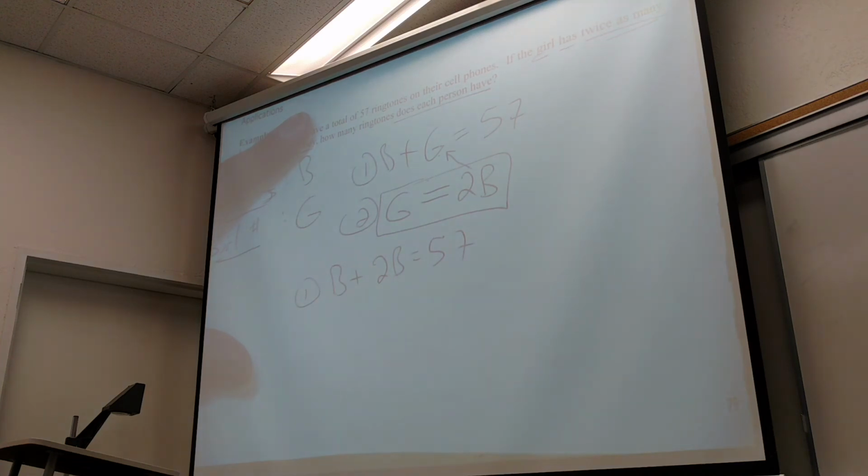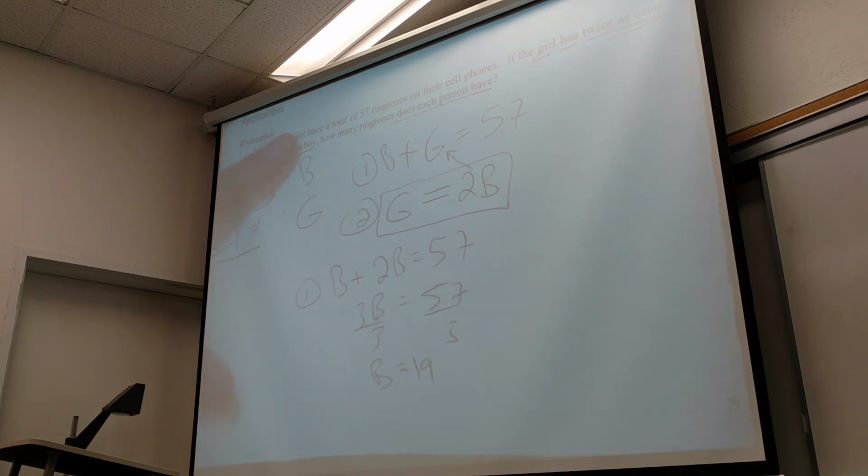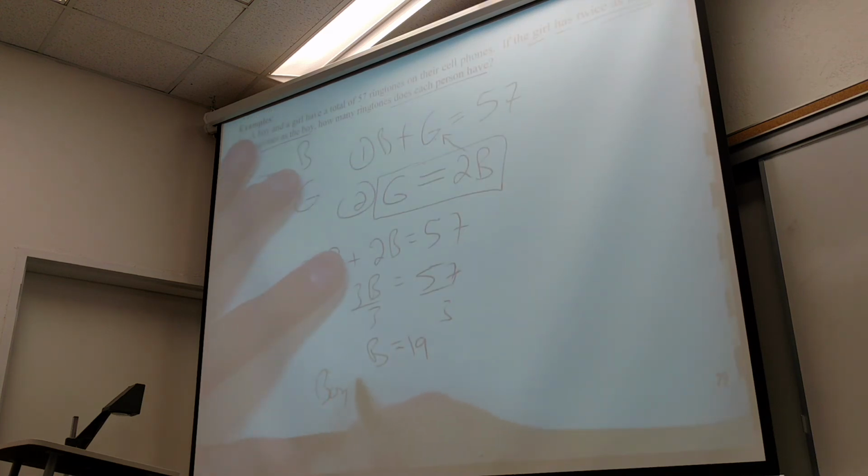Is everybody cool with that? Tell me if you're not. Divide by 3. B equals 19. What's that mean? The boy has 19. This is a physical problem, so in a physical interpretation, the boy has 19 ringtones.